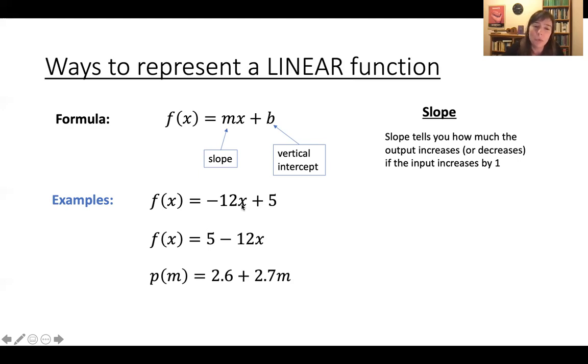But if you change from 1 to 2, you now have another -12 in here, because you're multiplying by 2. So if you increase x by 1, the output is going to decrease by 12. And if you increase x from 5 to 6, the output is going to decrease by 12 from whatever it was at 5.